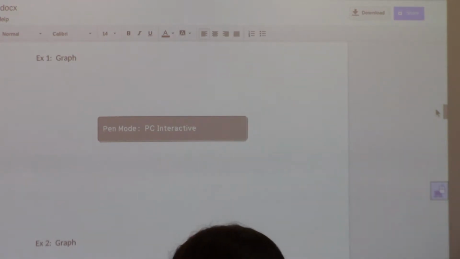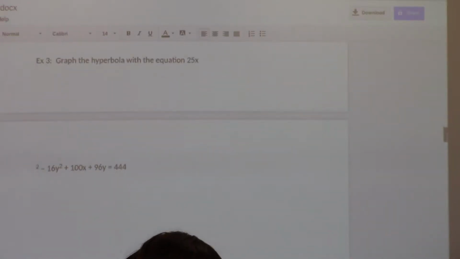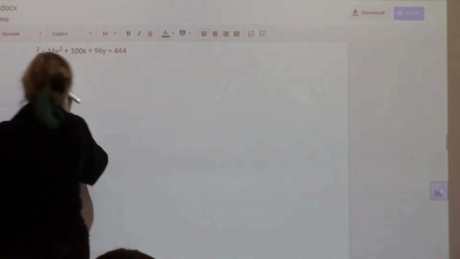Okay, so let's do an example 3 and then we'll jump to writing the equations. We've got lots of time, so we should be good. Here's our example number 3. It's missing a little chunk, it was up at the top, so we'll put that in.